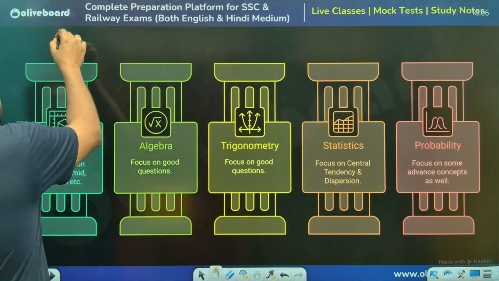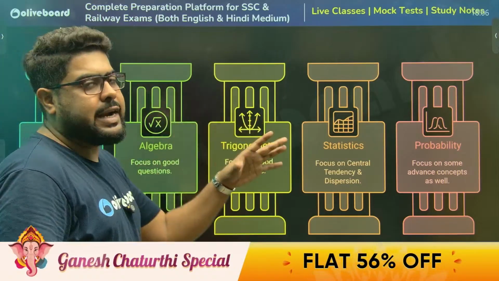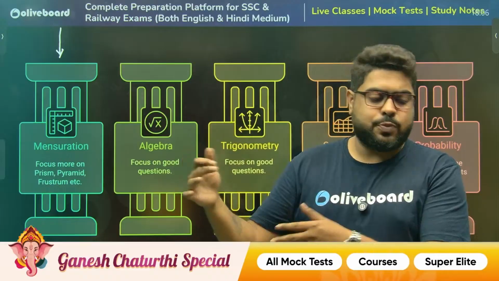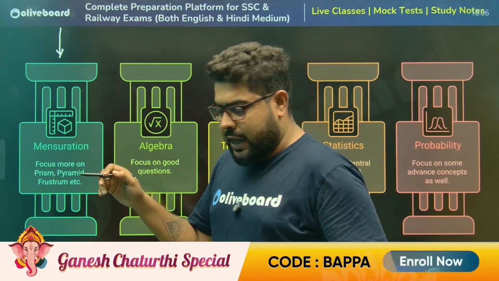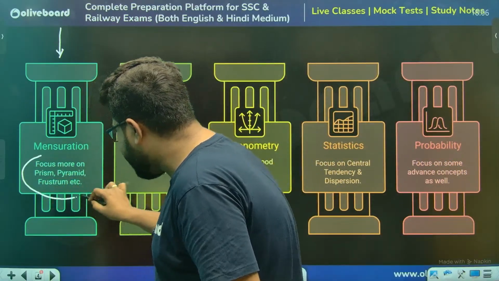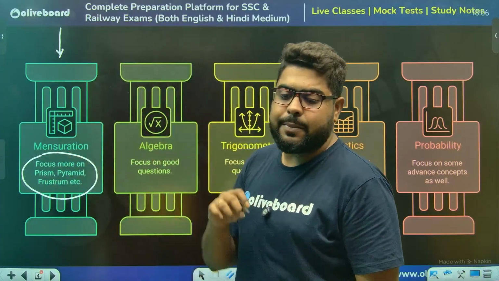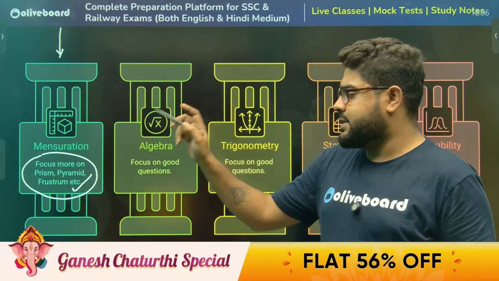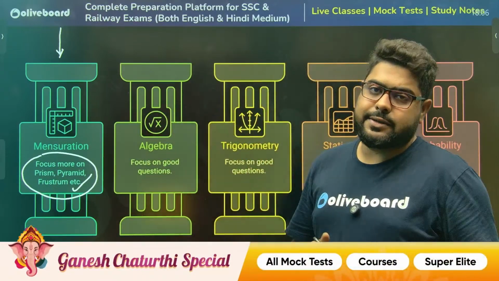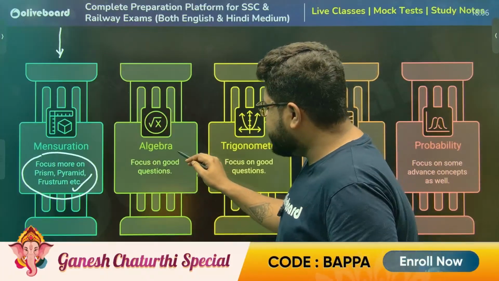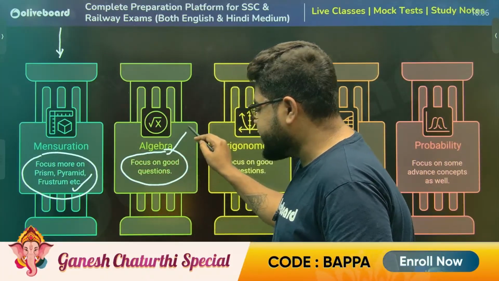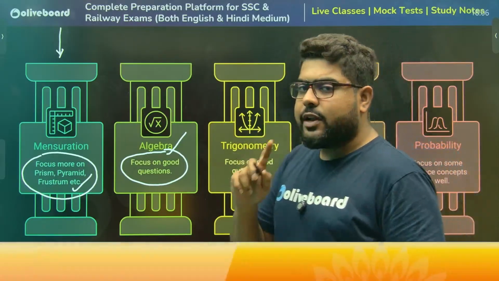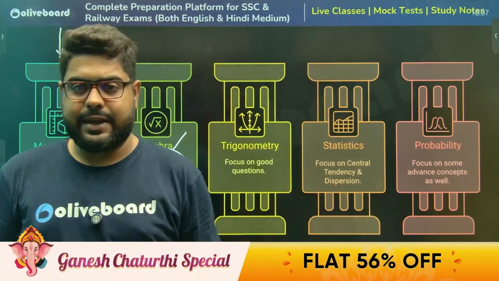Now, from mensuration, if you go through all the types of questions asked in Steno and also the selection phase examinations, I will recommend you focus more on prism, pyramid, and frustum-type questions of cone. But again, this is given that your basics are already clear. And from algebra, focus on some good quality questions. If you give our live mocks on a regular basis, you will see the level of algebra questions has gone up significantly.